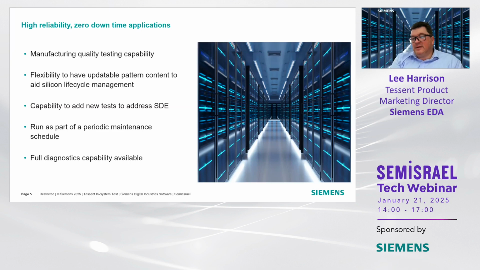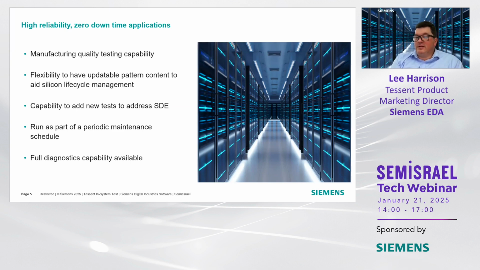And in some cases, have the ability to add new tests. So for example, if during the life of the silicon you have units that identify unique faults that are not testable with the current test pattern configuration, you can add new tests to be able to capture those type of defects.